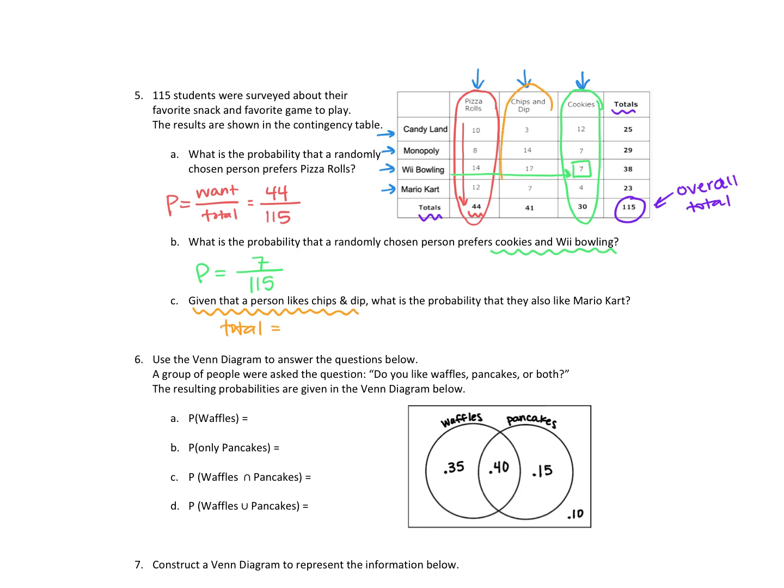So if I look at the chips and dip category, there are 41 people that responded chips and dip. So we're out of the 41 people within that category. We want to know what's the probability that somebody from this group liked Mario Kart. So 41 is going to be my denominator, and when I look within that chips and dip category, my numerator is going to be the people within that group that liked Mario Kart, which is the 7 people in this box.